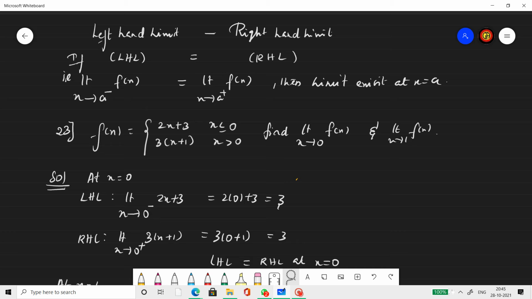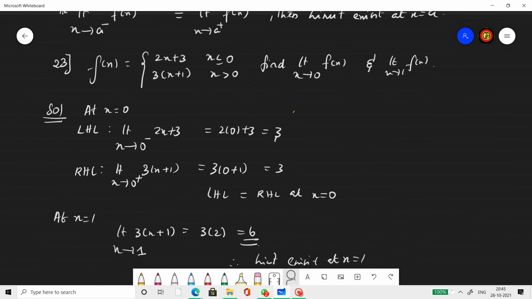So we will not mess up the sum by taking a value which is literally below a. So a minus signifies that it is below a and a plus signifies that it is above a.